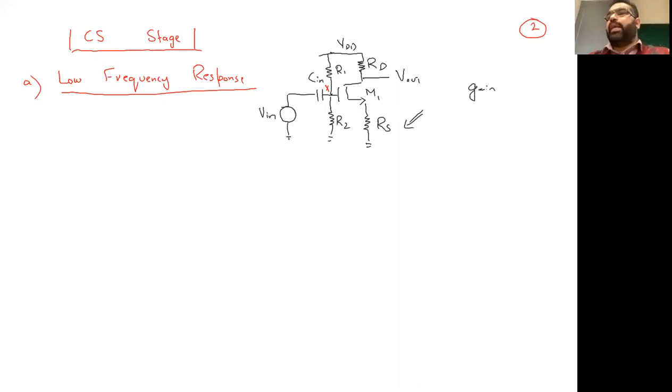Okay, when we add RS, ultimately the gain basically goes down. So without degeneration, the gain of a common source is minus GM. If I ignore lambda, it will be minus GM RD. But with the addition of degeneration RS, my gain will go down: GM RD divided by 1 plus GM RS. So my gain basically goes down.